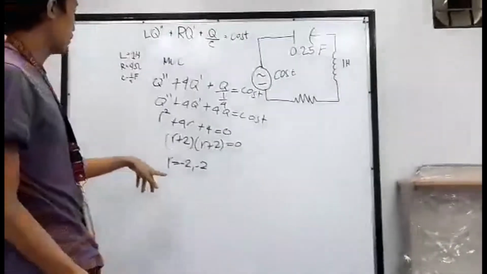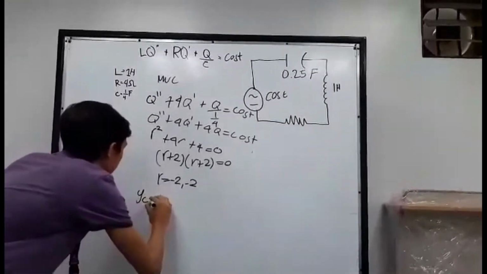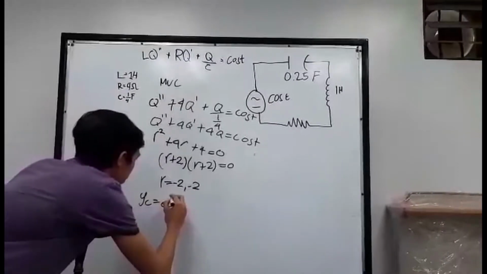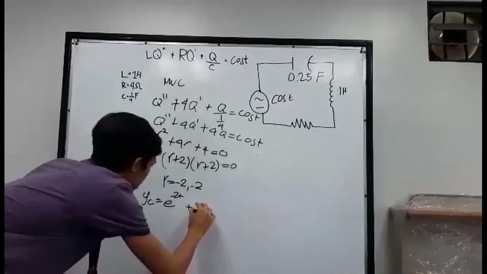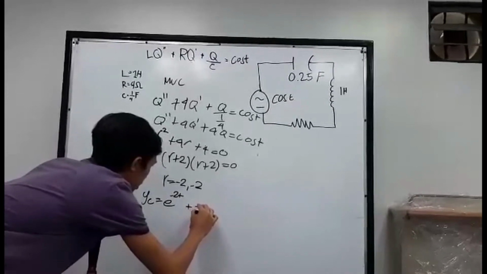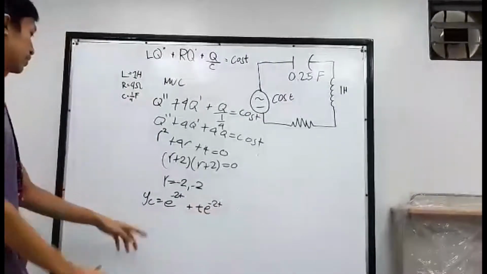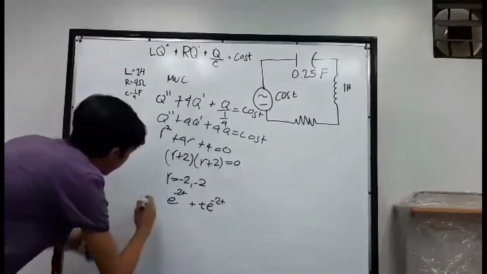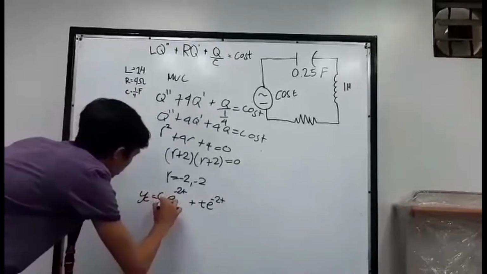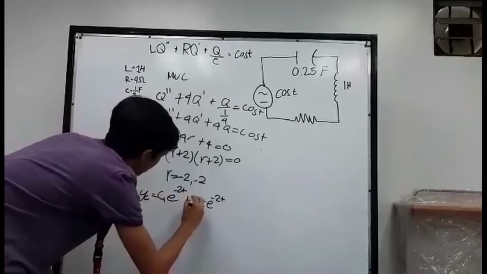We can now put this into the equation y sub c. Y sub c equals c1 e negative 2t plus c2 t e negative 2t.